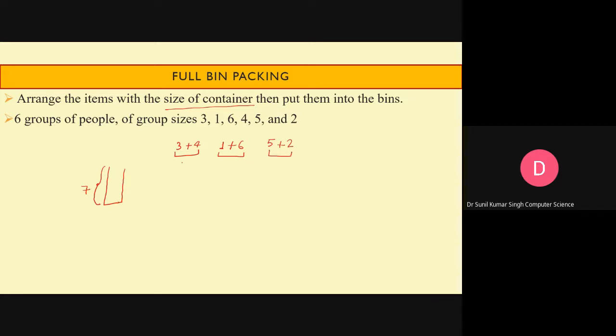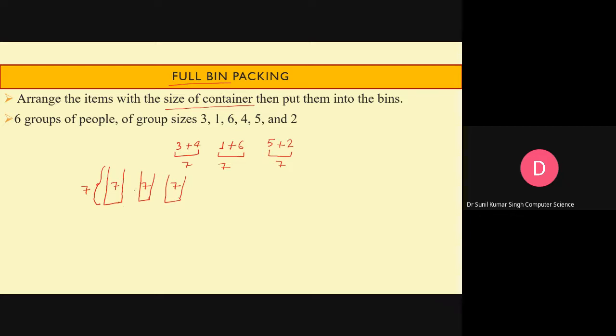So you can see these all are 7, and you can put them into the bins directly. So the full capacity of these bins will be utilized. This is the concept of full bin packing.